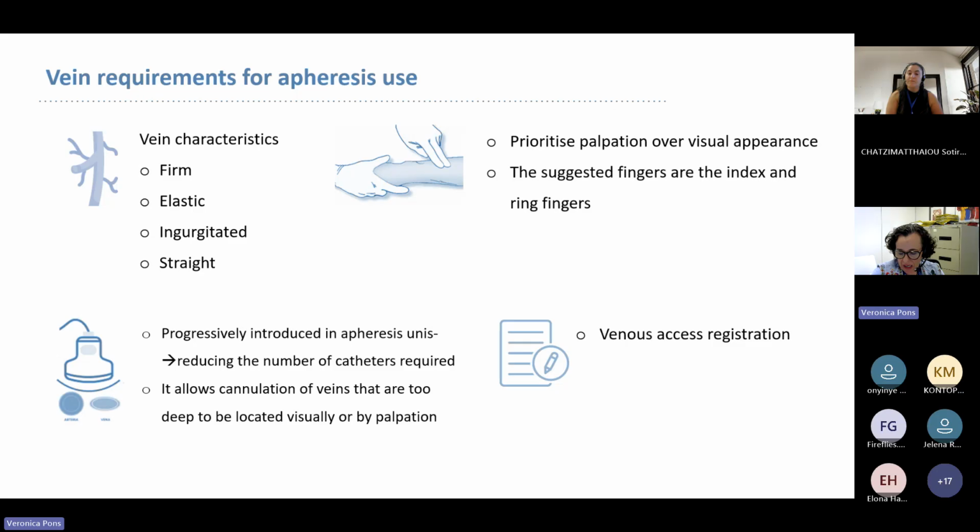If no viable access is found, we can perform an ultrasound visualization to allow cannulation of the deepest vein. The assessment of venous access will be recorded in a register, and I think it's a good thing to record in the patient's clinical history.